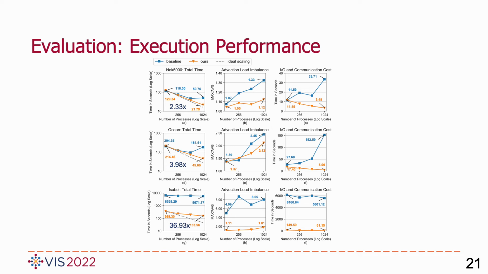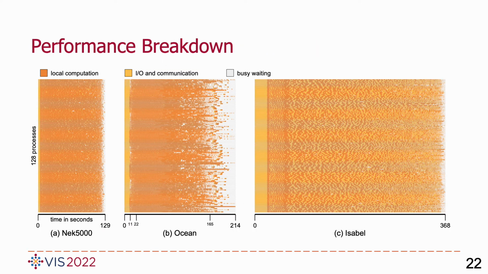The reason for the performance improvement is that our method can attain both lower workload imbalance and lower communication costs than the baseline. We break down the execution performance of our method in detail when 128 processes are used. The horizontal axis is the execution time, and each row in the vertical axis represents 1 process.